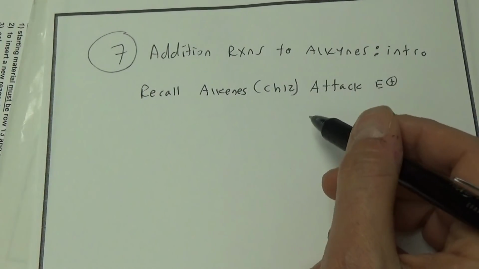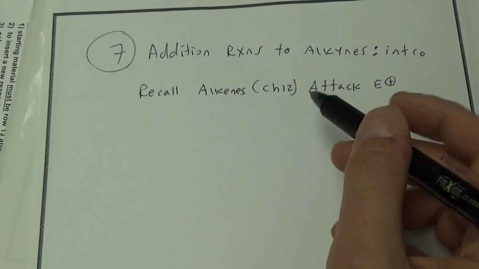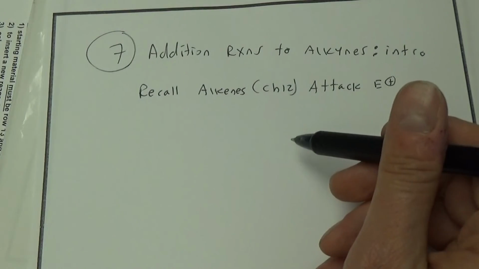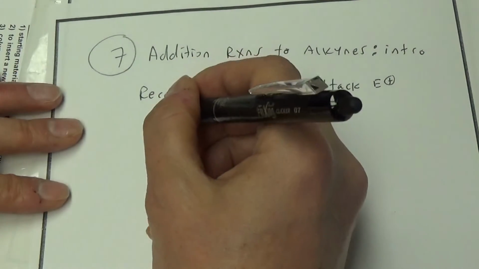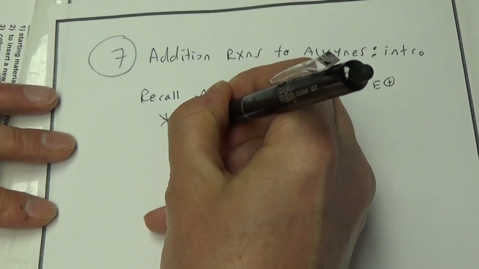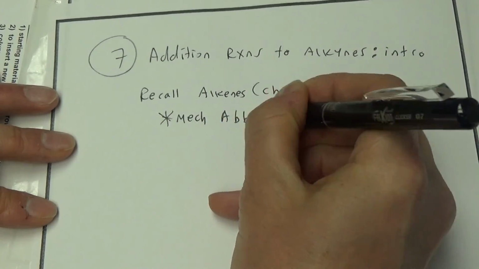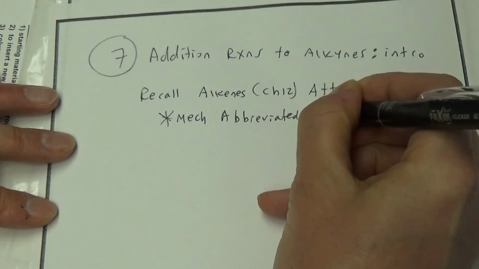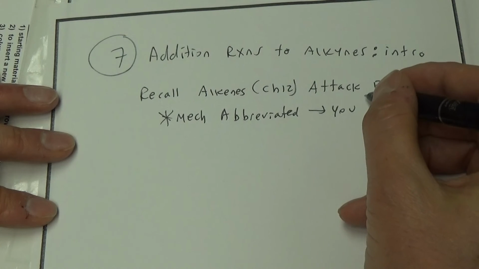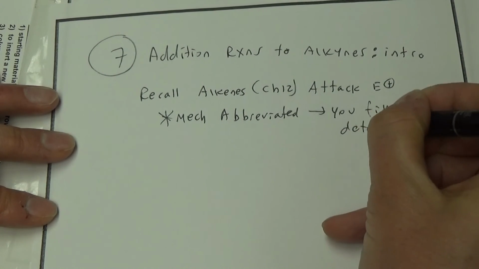We need to know mechanisms for alkynes, and reviewing the alkene reactions helps, but I don't have time to go through every one of the alkene reactions in super detail. So mechanisms are abbreviated, and you can fill in the details to review the alkene reactions.